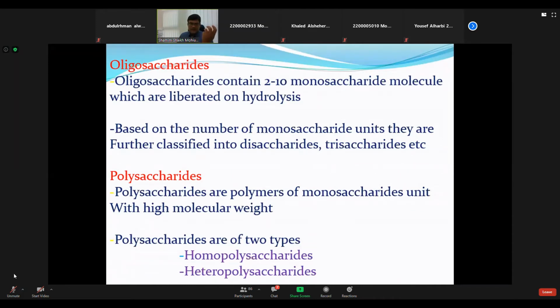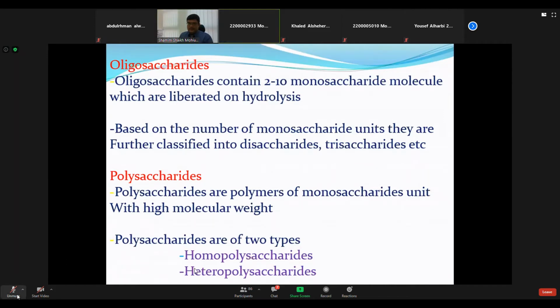I told you glucose is an example of monosaccharide. When a lot of glucose molecules, only glucose, join together to make a polymer, that is called homopolysaccharide. Am I clear? Yes, you are.